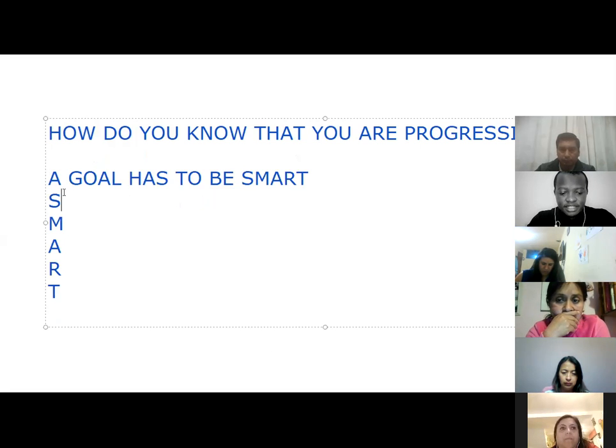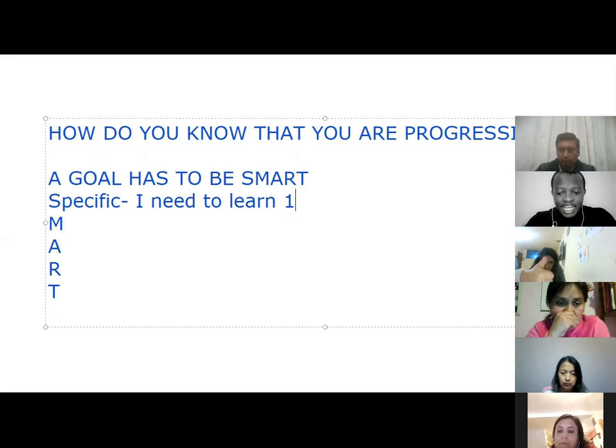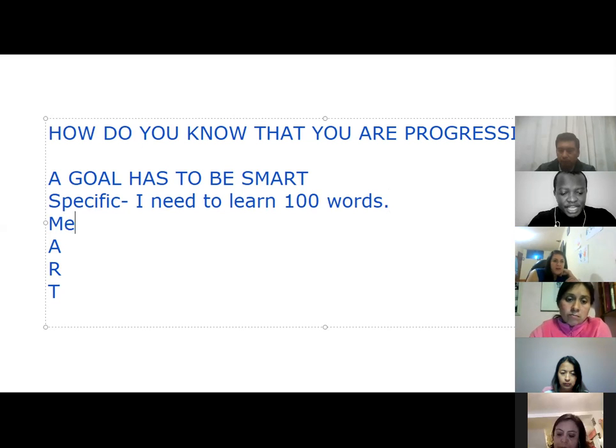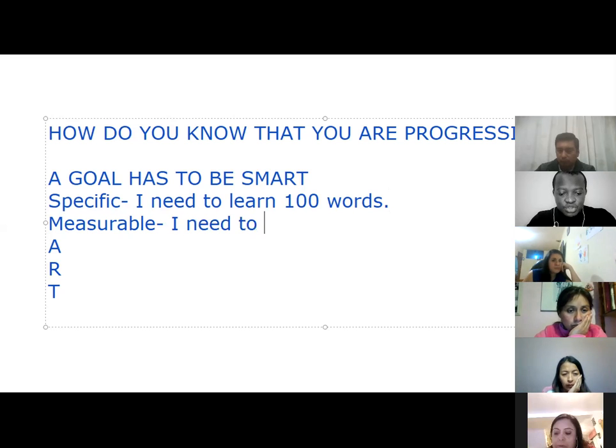Now, by smart, it has to be specific. Like, I need to learn 100 words. Then it has to be measurable. I need to be able to read and understand texts.